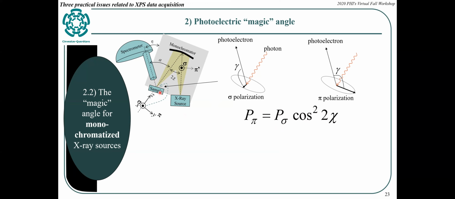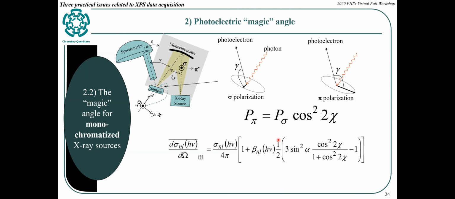When you calculate the cross section with this partially polarized beam, what you get is a differential cross section that now depends on the Bragg angle.